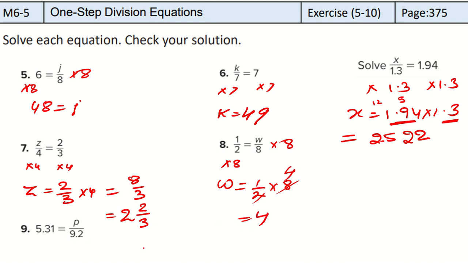Okay. The last question is p is equal to 5.31 times 9.2. So students, just calculate it yourself because here I am doing it without a calculator. So just multiply this by the simple multiplication method.